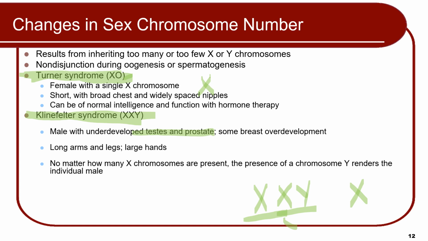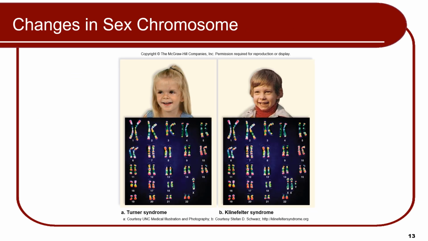So they sometimes have sterility problems, have some breast development, kind of body hair patterns more associated with females. It might not be so severe that it's noticeable. And so sometimes men with Klinefelter syndrome, it's not really diagnosed until they have problems reproducing because of sterility, and then they find out that they have Klinefelter syndrome.